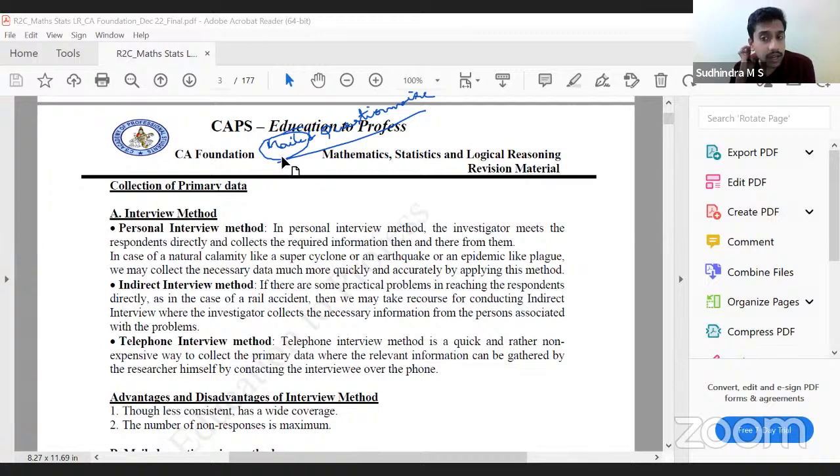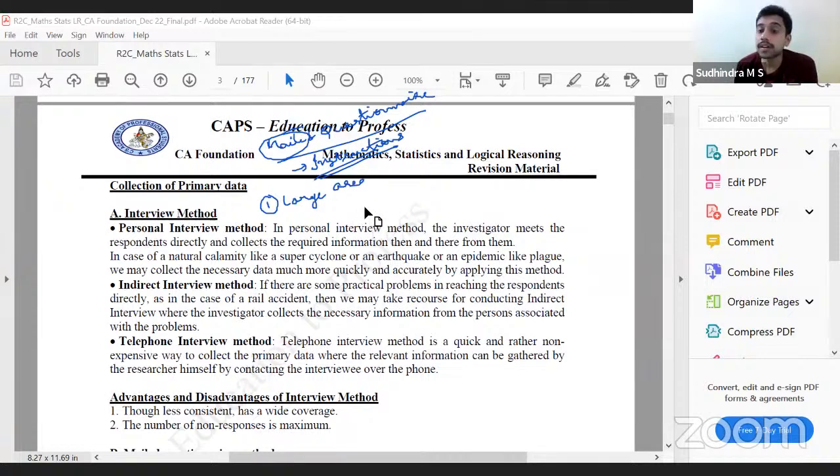However, compulsorily, along with the questionnaire there should be instructions or guidelines for filling it in, a cover letter. Now, what are the advantages here? Within limited resources and in short time, we can cover a large area.